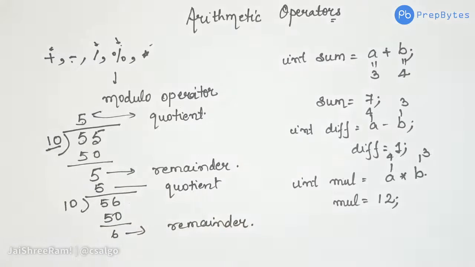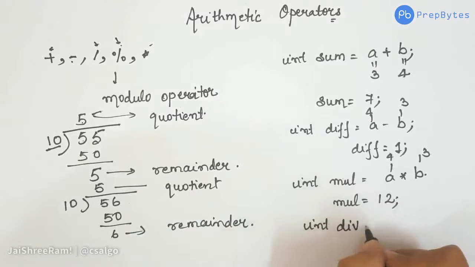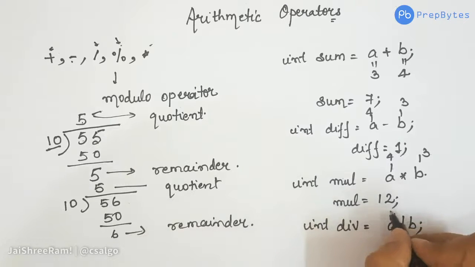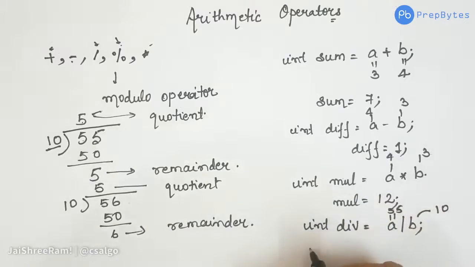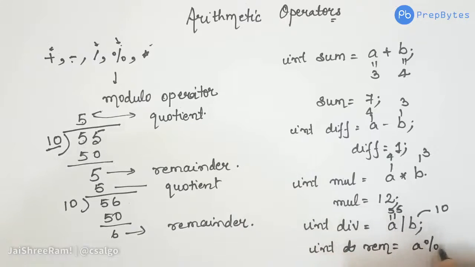So let's say you do something like this: int div equal a by b. Let's say our a is 55 and our b is 10. And if you do int rem equal a mod b.